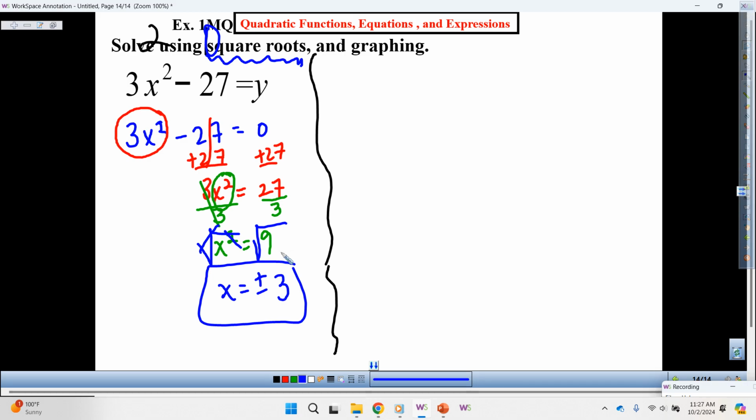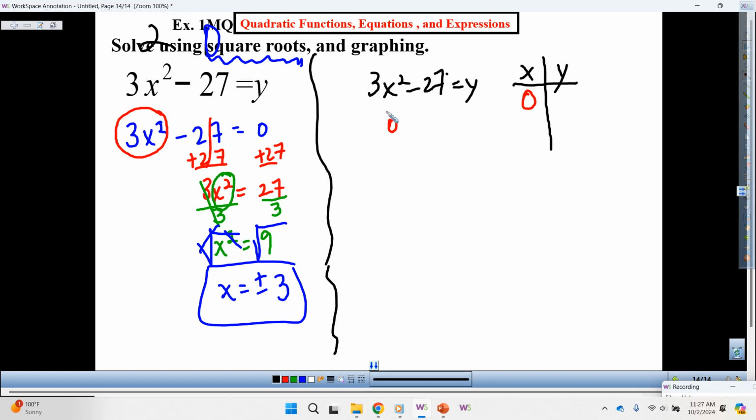We good? Yeah? All right. Let's go to graphing. To graph, we need the equation, 3x squared minus 27 equals y. Next to that, we need a table, x, y. And the first step, we said we substitute 0 for the x on the table and on the equation.